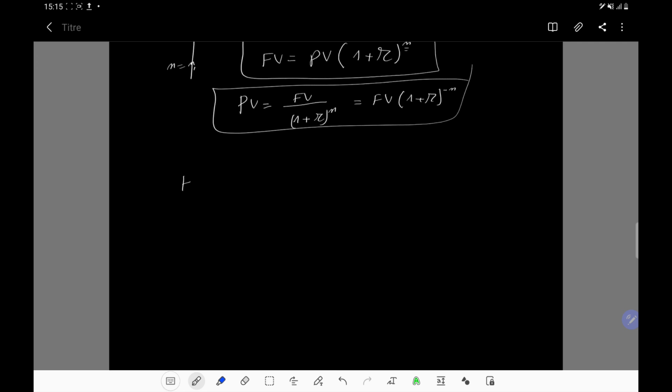In 10 years, future value number 10 equals present value times 1 plus interest rate to the power of 10 equals $100 times 1 plus 2 divided by 100 to the power of 10. Using the calculator, we will have $121.899.